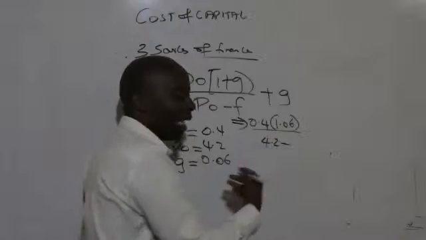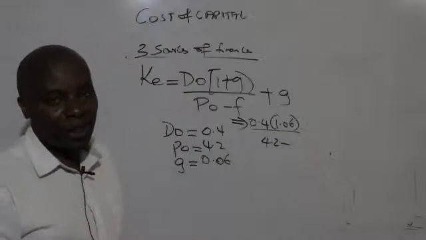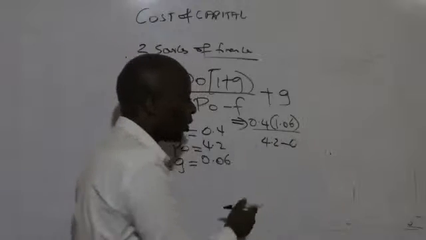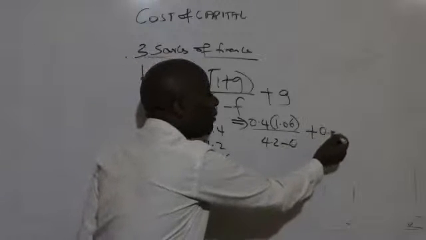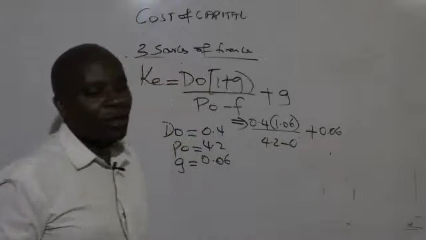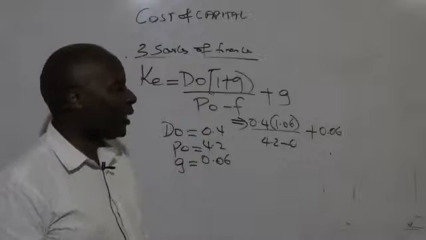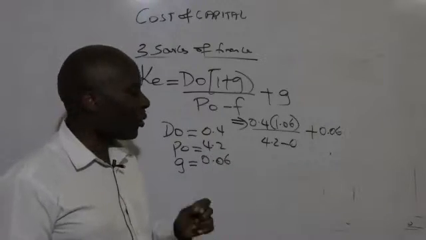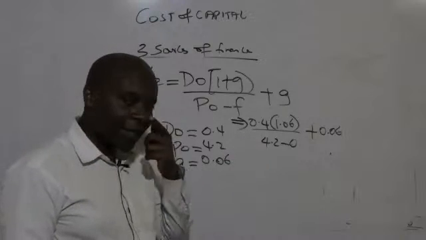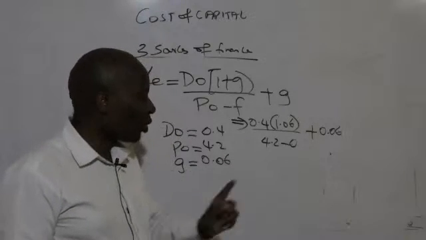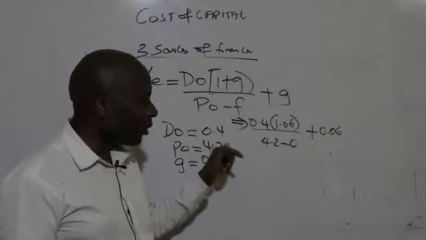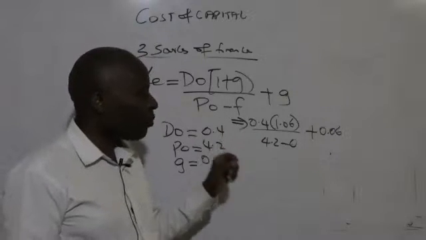We don't need any money to float our shares, nothing for marketing our shares, so the flotation cost is 0, plus the growth rate, which is 0.06. You have to be careful here: 0.4 times 1.06 divided by 4.2, plus 0.06.